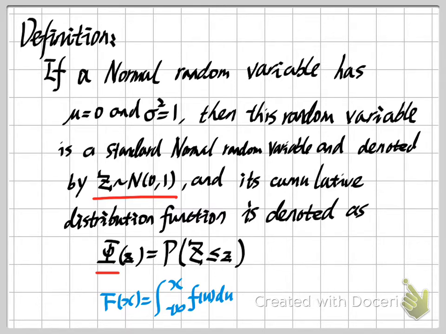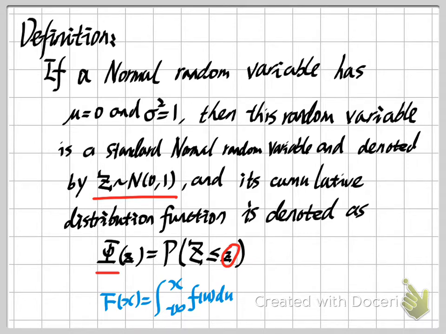However, because the PDF of a normal random variable is not integrable, it's not easy to get an explicit equation of the CDF. So in general, we can have a table of the standard normal random variable. For a specific value of small z, this table will tell us how to find the answer of this CDF.